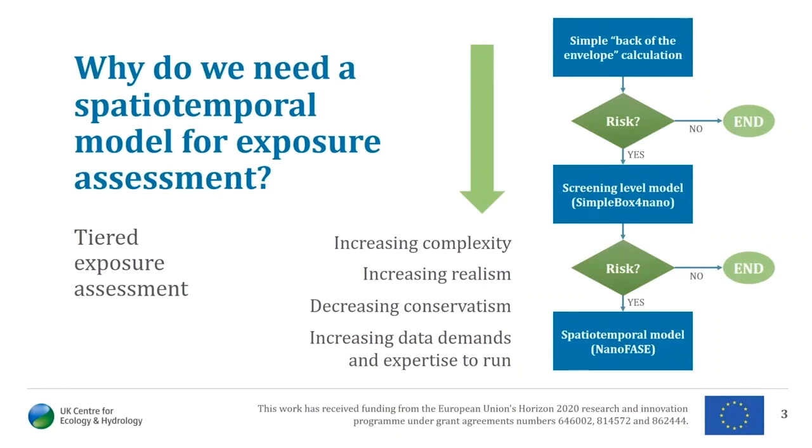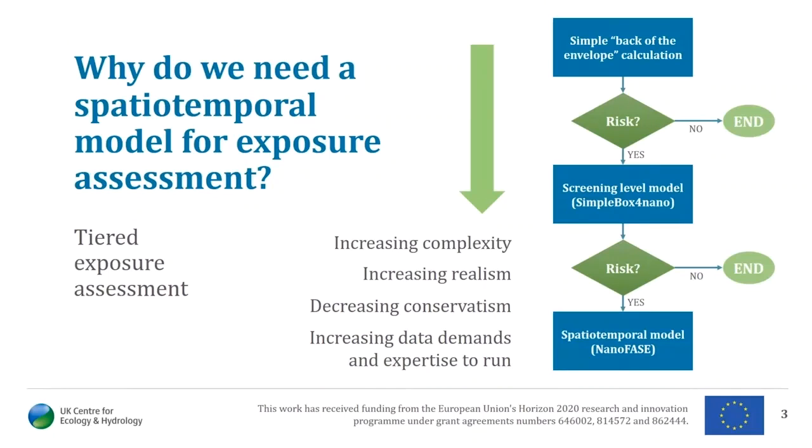So if you have a look at this flowchart on the right hand side of the slide, this is a simplification of how a tiered exposure assessment could work. And the idea here is that you start off with the simplest but most conservative calculation of exposure and thereby risk that you can make, and that could be a simple back of the envelope type calculation where you make some really conservative assumptions like all of the nanomaterial released goes to one compartment and none of it transforms into other chemical forms, and you calculate a concentration based on that.